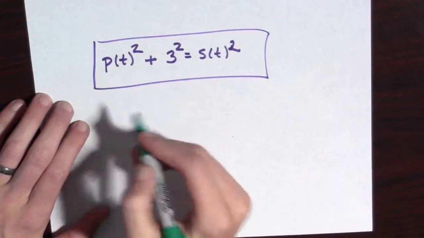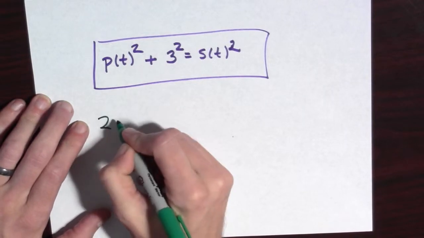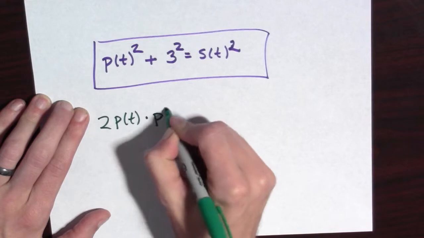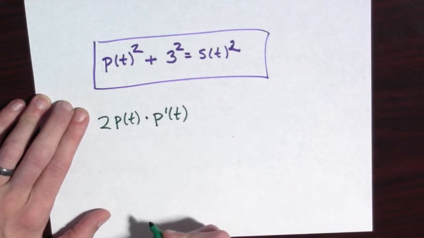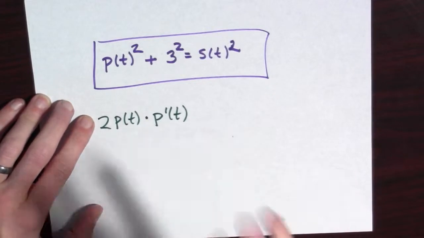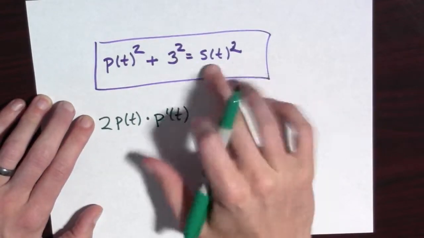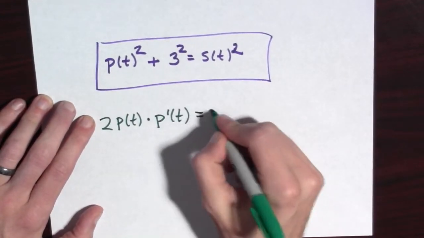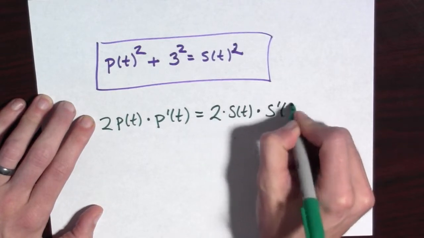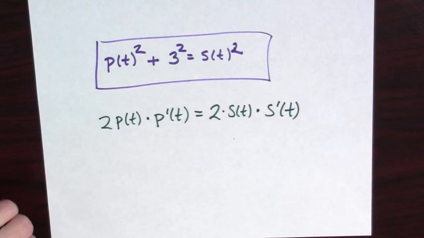So P of t squared is going to be 2 times P of t times P prime of t. And the derivative of 3 squared is 0, so it's gone. And now the derivative of S of t squared is going to be 2 times S of t times S prime of t. The equation is now differentiated.